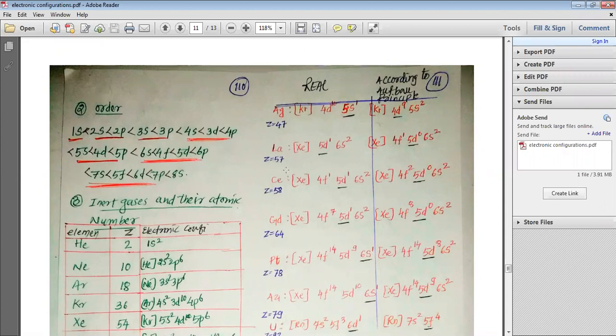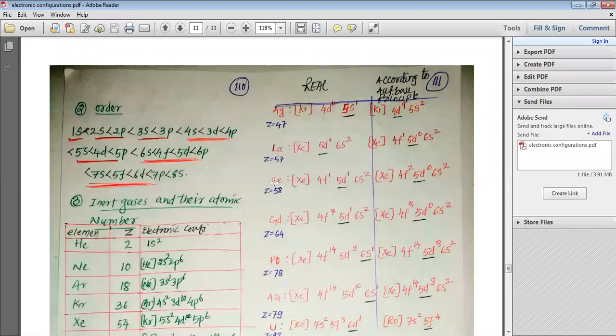And now we'll move to lanthanum. In lanthanum, the atomic number Z is equal to 57. So the electronic configuration should be xenon 4f1 5d0 6s2, but instead of the electron going to the 4f, it goes to the 5d, and the real electronic configuration for lanthanum is xenon 5d1 6s2.